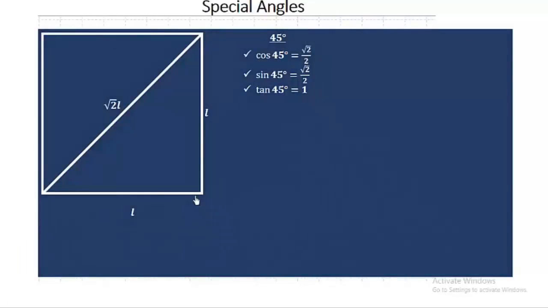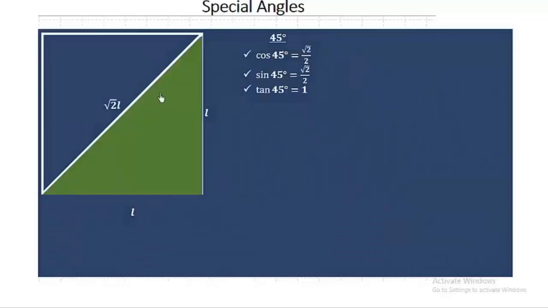Now, our next set of special angles is the 0 degrees. As of now, this angle is 45 degrees. Now, how can we get 0 degrees from here? We can get 0 degrees only when the hypotenuse has dropped to the adjacent.